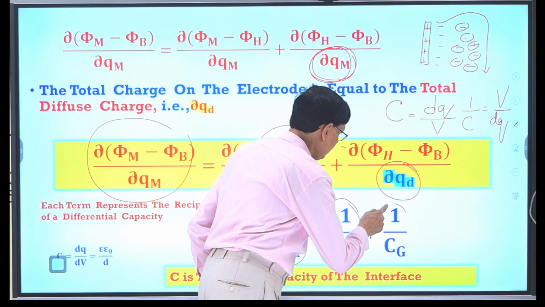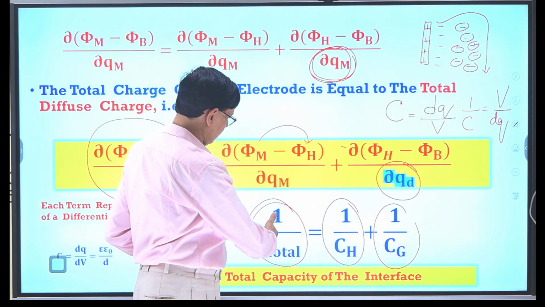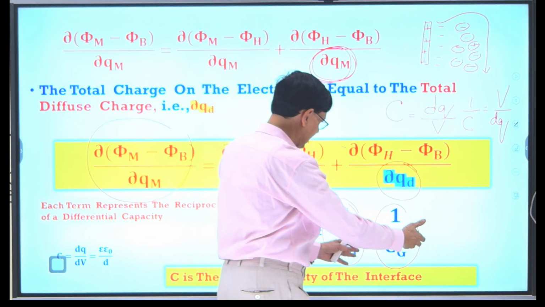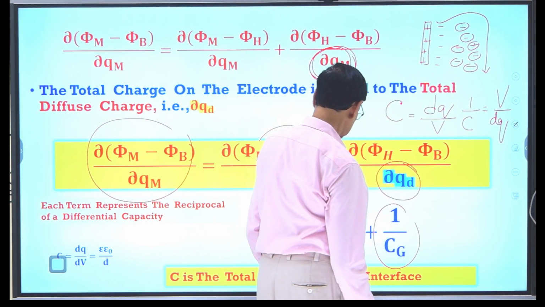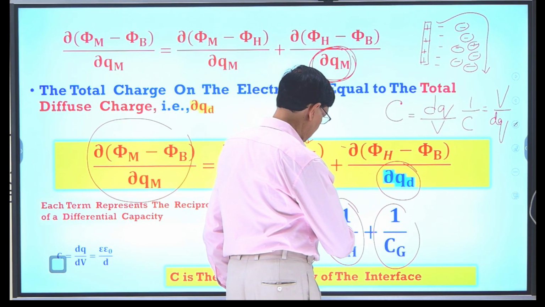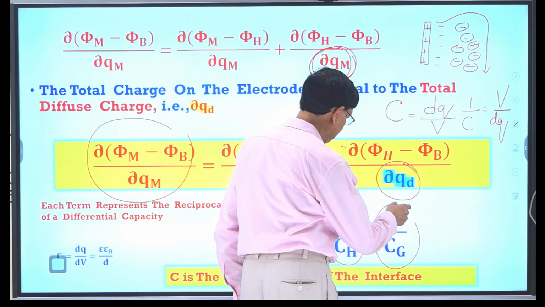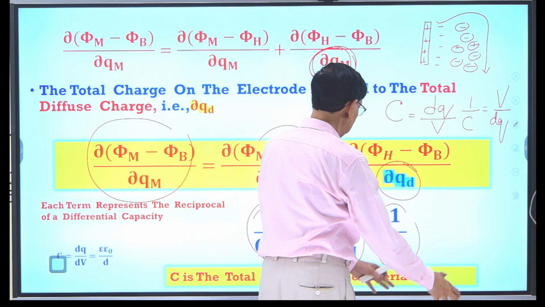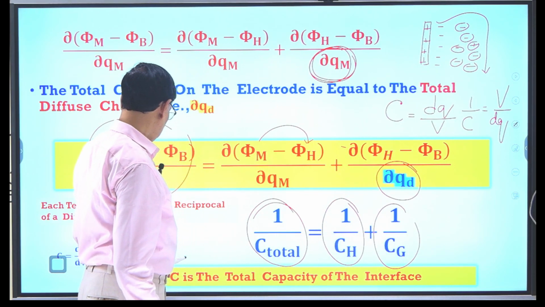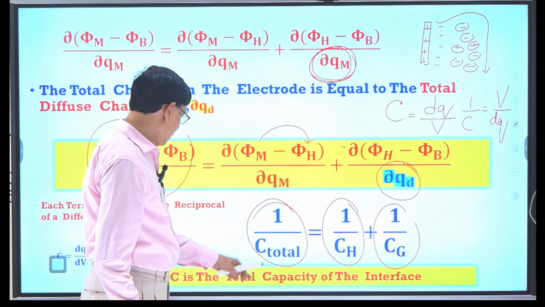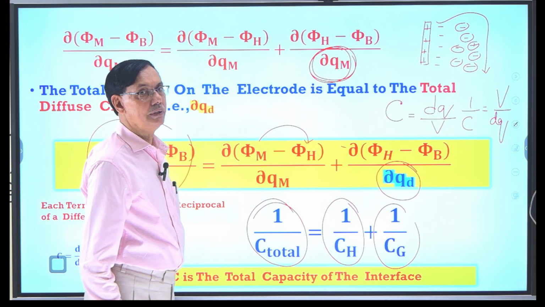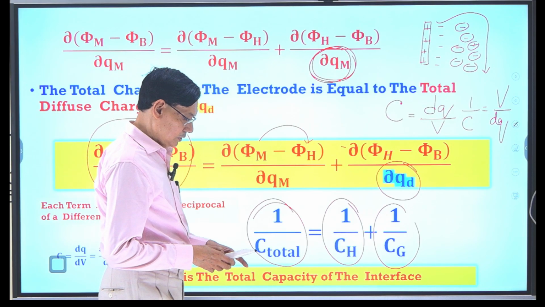So you can solve it, 1 by C total is equal to 1 by CH plus 1 by CG, or CG plus CH divided by CG CH. So C is the total capacity of the interface. So it is a very simple derivation.